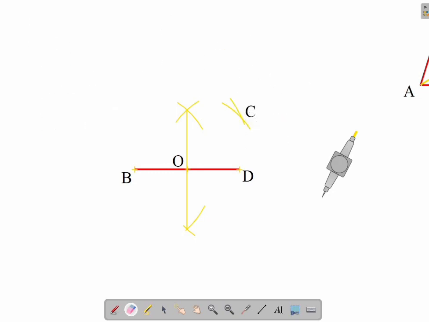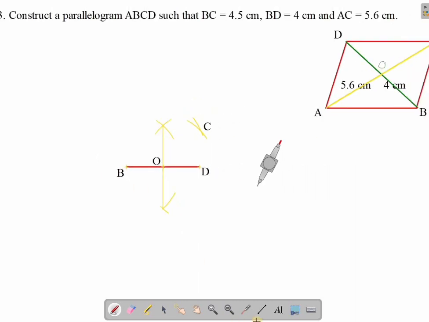Now we will join. We will repeat the same step at the point D also, so at D and O.